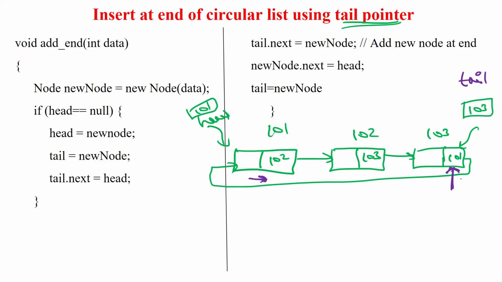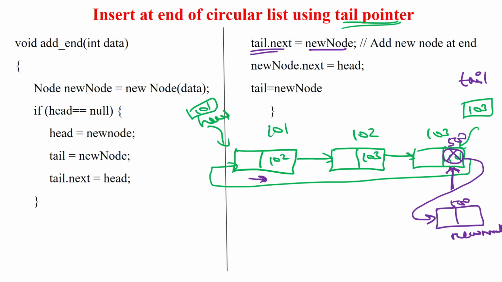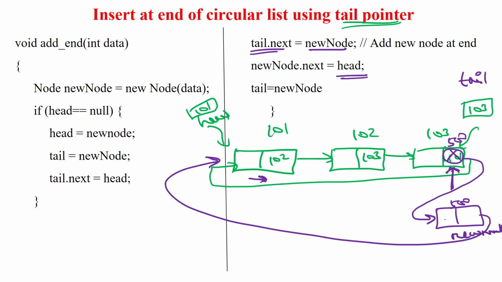So here I am going to use the tail pointer to add the new node. This is the new node. Directly, tail dot next will become the new node, which is updated with the address of the new node, 500. The new node dot next will become the head, so 101 is written here. Now the tail node is the new node.